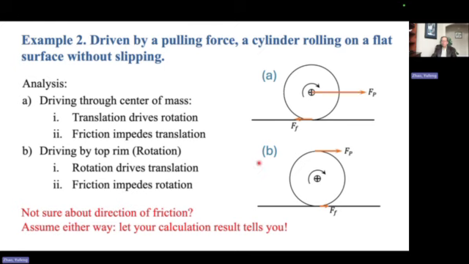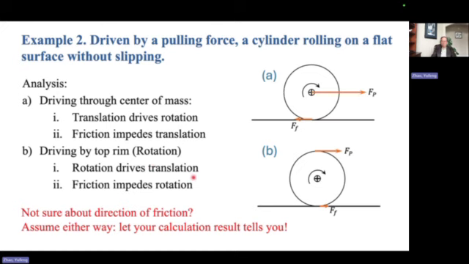So for case B, what if we do not use the force to pull through the center of mass or the rotational axis? If we let the pulling force act on the top rim of the cylinder, then we can see that the friction will change direction. In this case, because it's driven by the top rim, rotation drives the translation.